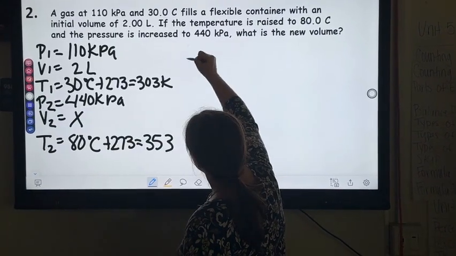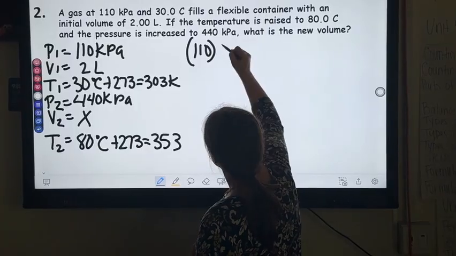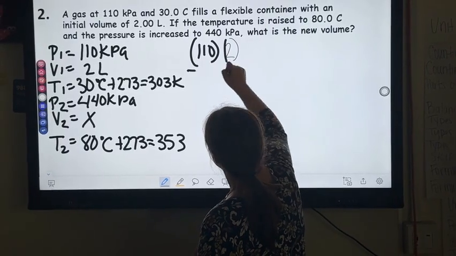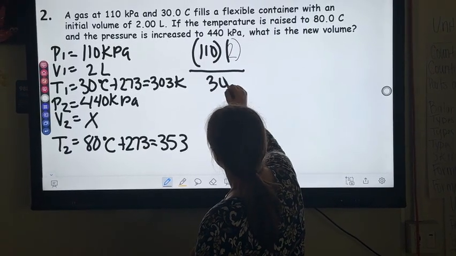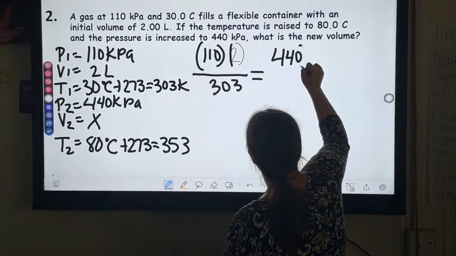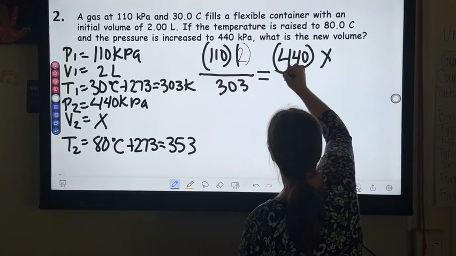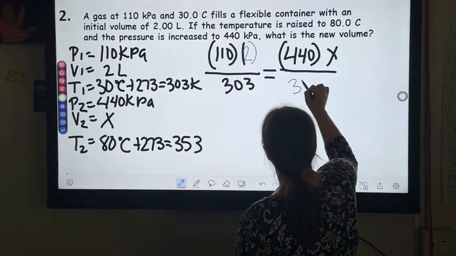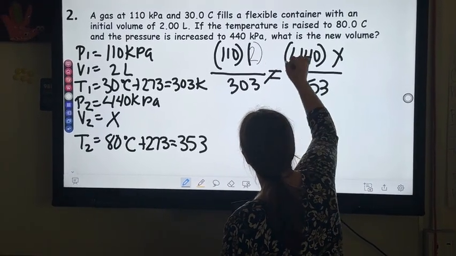So P is 110 times 2 over 303 is equal to 440 times X over 353. And then we're going to cross multiply.